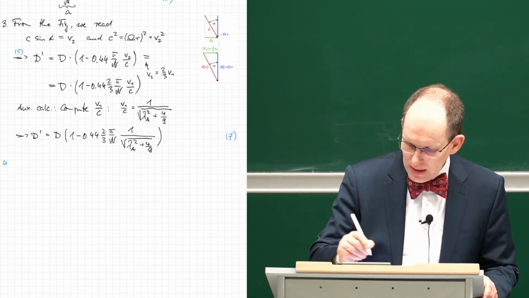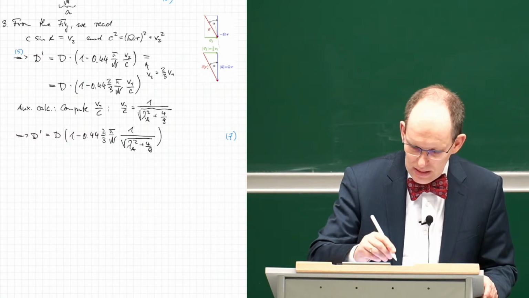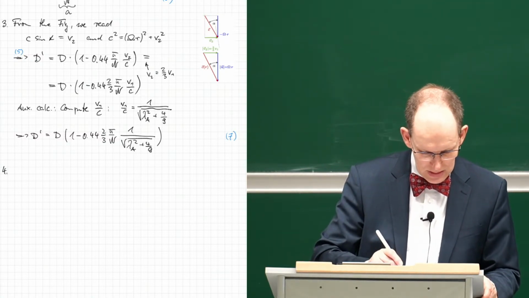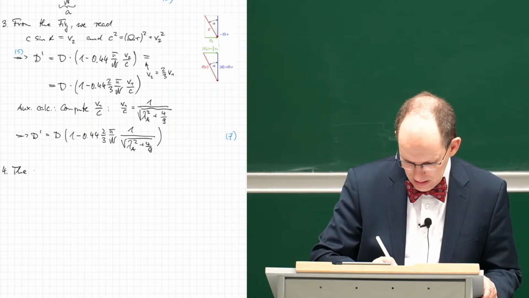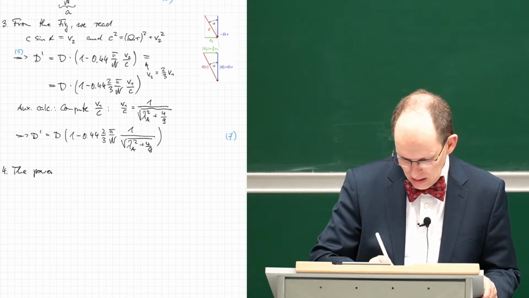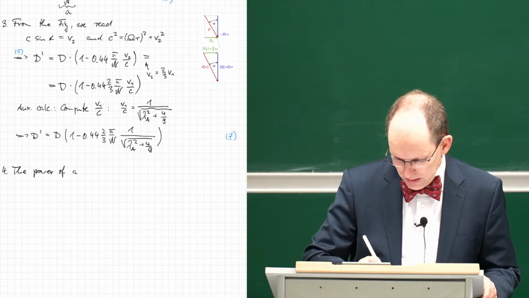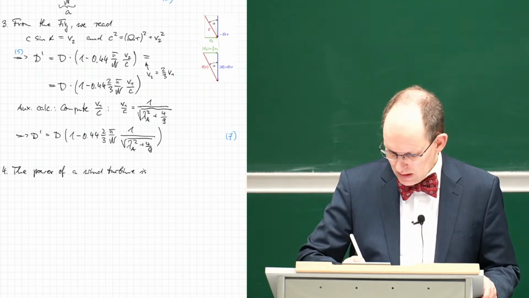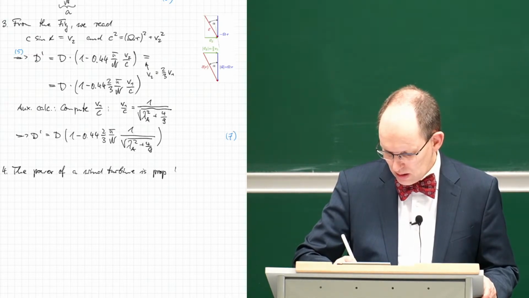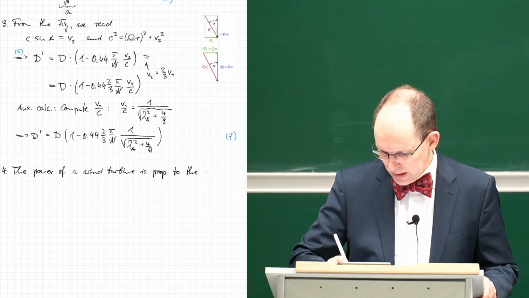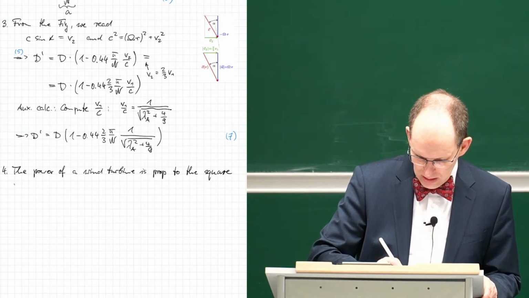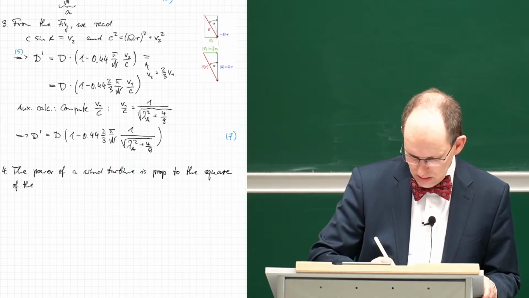So now we calculate the loss. Yeah, so the power of a wind turbine is proportional to the square of the rotor diameter.